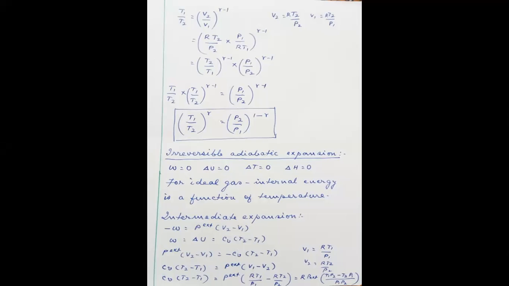So for an ideal gas, internal energy is a function of temperature. As the internal energy is a function of temperature, and there is no change in the temperature, there is no change in the internal energy also. But you can think of one more expansion, which is called the intermediate expansion, which is neither reversible nor irreversible.